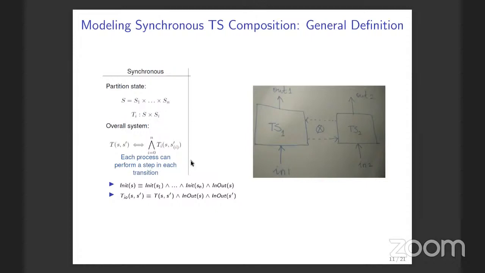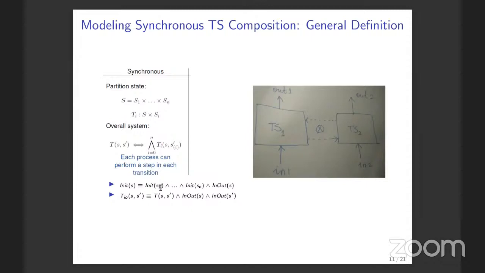So if you stick to the convention that I have shown you, wherein you include the input as part of the state, then you will also have to add the constraint that your input will be the same as the output coming from the other side, or you will have to have only one copy of the inputs. Okay, so the initial state is a conjunction of all the formulas giving the initial state.